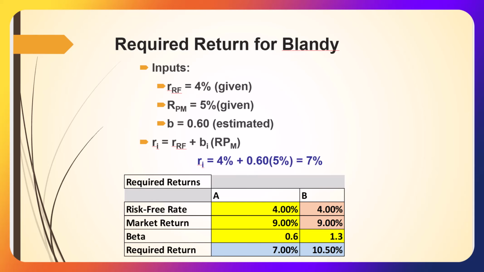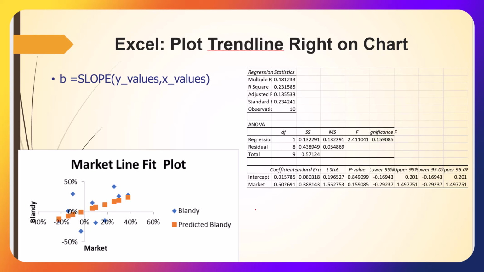Now, how can we calculate some of these other variables, if you will? We can run a regression with the returns of the stock plotted on the y-axis and the returns of the stock market plotted on the x-axis. And that will help us create the slope of a regression line.